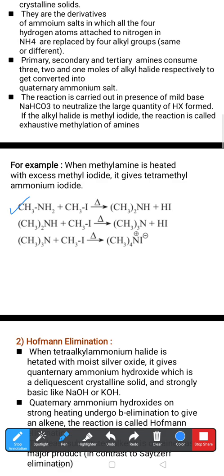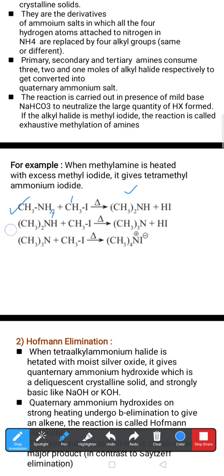How? Because one H is replaced by one methyl group. That's why we get (CH3)2NH plus HI. Now the product of the first reaction is a secondary amine and the starting material is a primary amine.